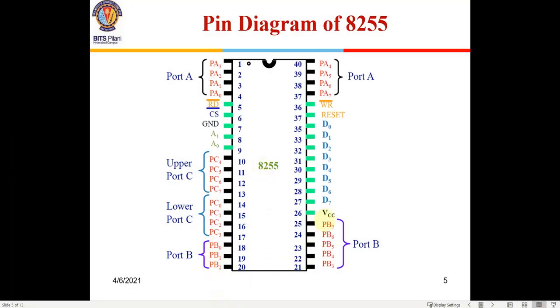So a port B can be connected here, and then you have port C, right? Port C is divided into 2. The lower bits are known as lower port C, and the pins P4 to P7 are known as upper port C. We'll see why it is divided into 2. So this is the pin configuration.